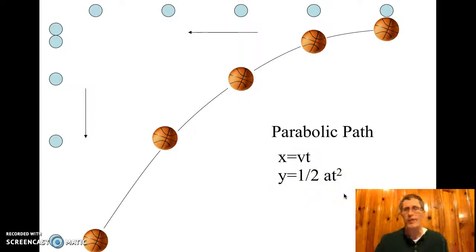And voila, we've got our mathematical model, and then we can do cool things like predict where stuff is going to land and how long it's going to be in the air, and all kinds of neat things like that. So let's talk about how to do that, because it's a little different than what we've seen.